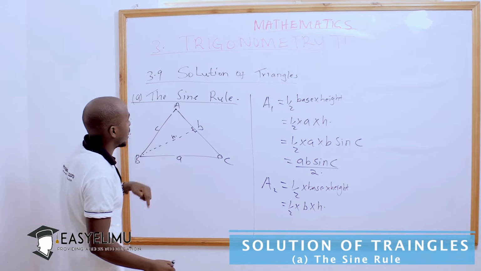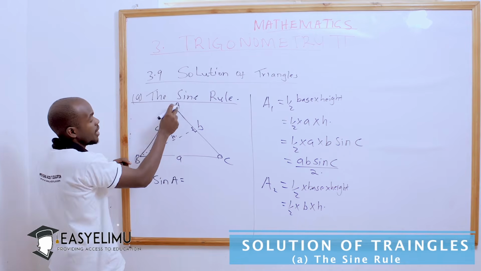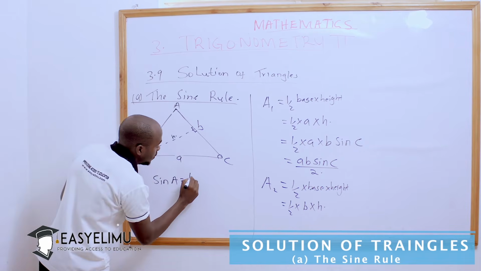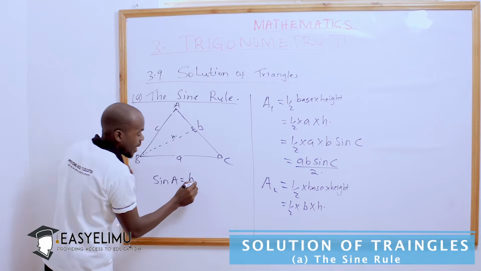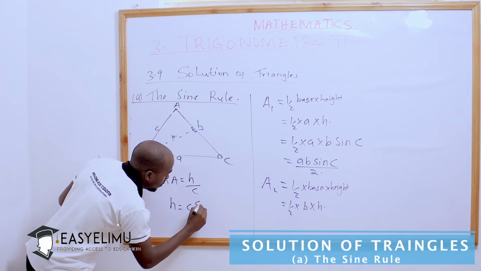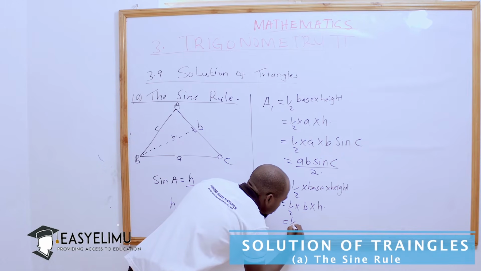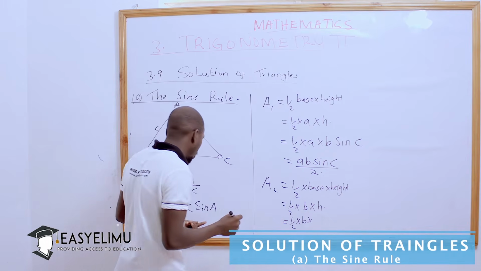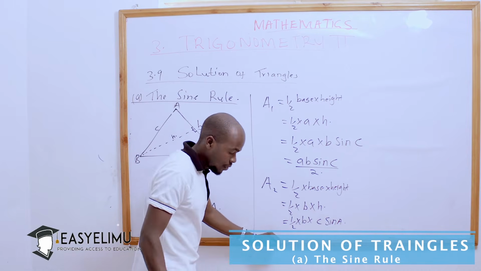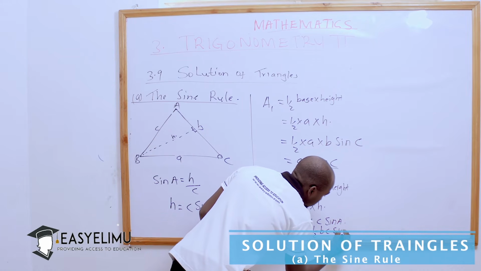If we need the sine of the angle A, since this is a right angle triangle, it is the opposite of the angle over the hypotenuse, which is C. So if we need H, we take C multiplied by sine A. In place of H we substitute C sine A, and we get a half BC sine A.